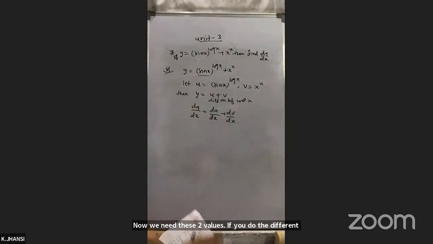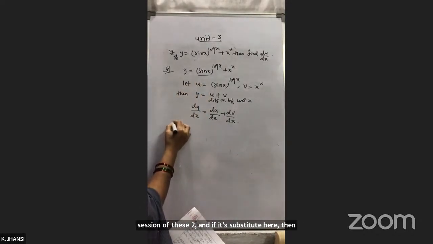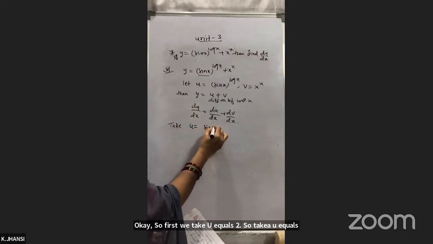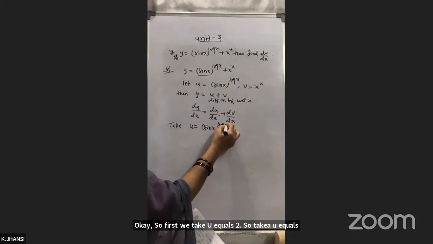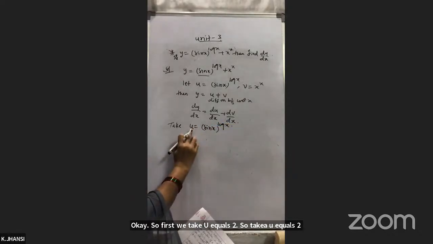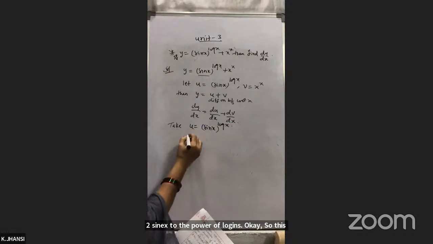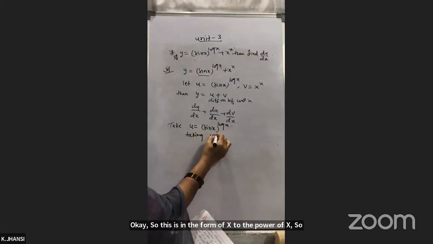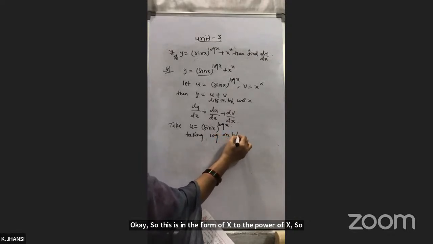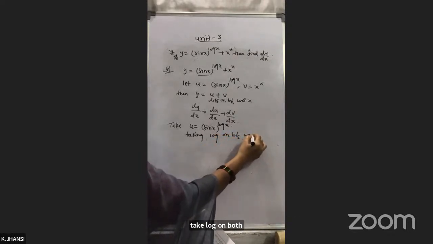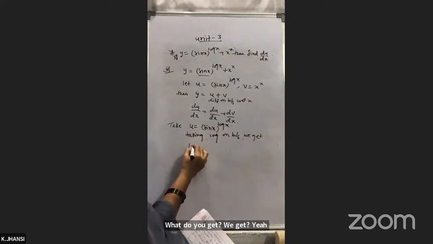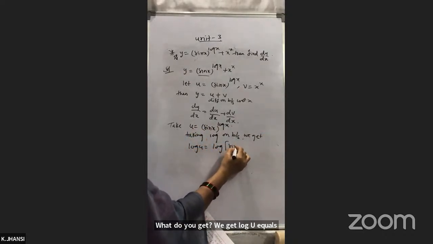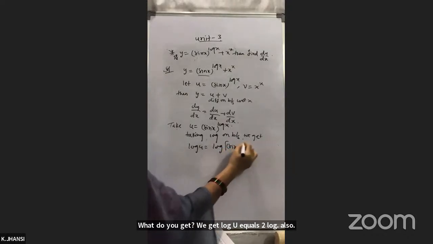Okay, so first take u equals sin x to the power of log x. This is in the form of x to the power of x, so taking log on both sides, we get log u equals log of sin x to the power of log x.